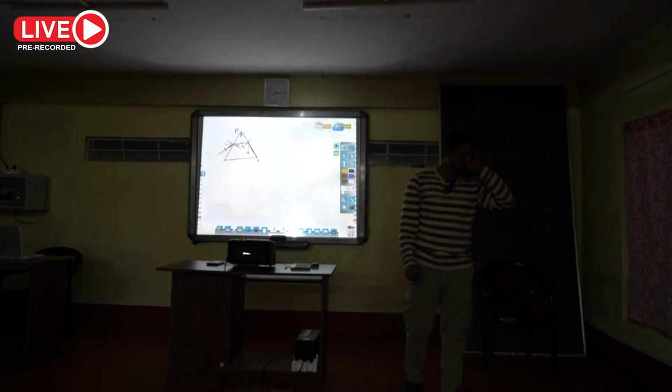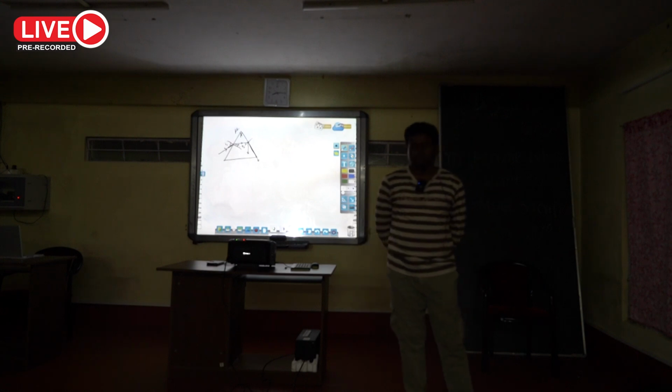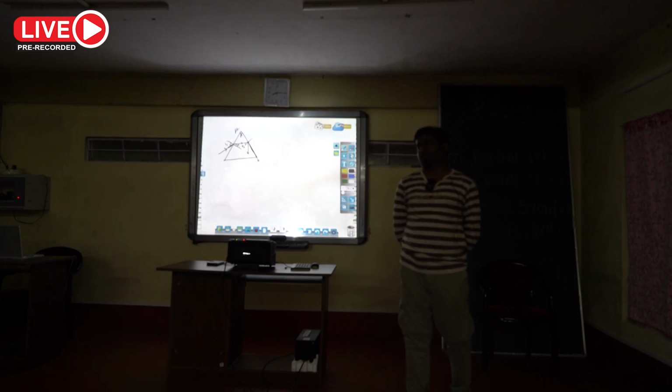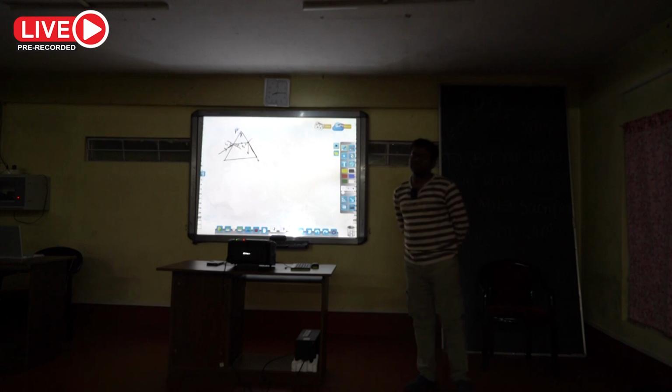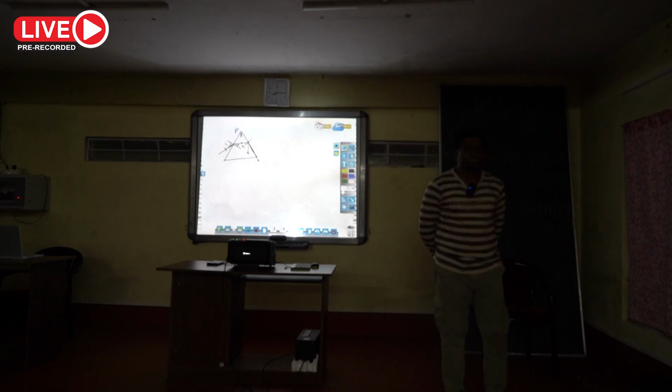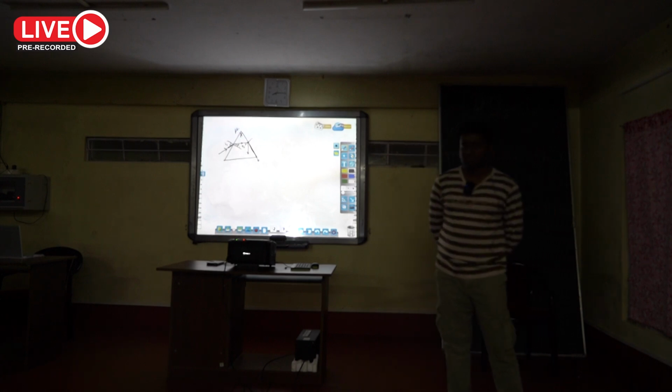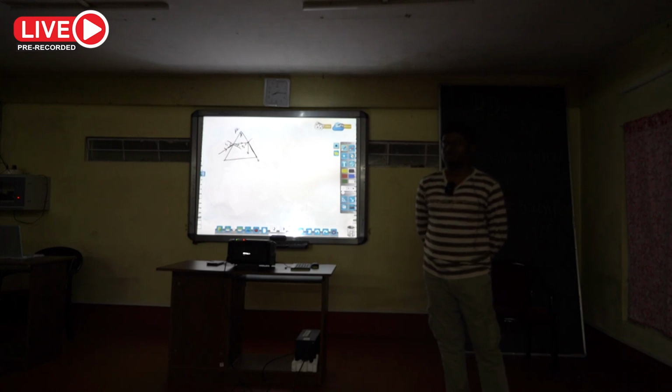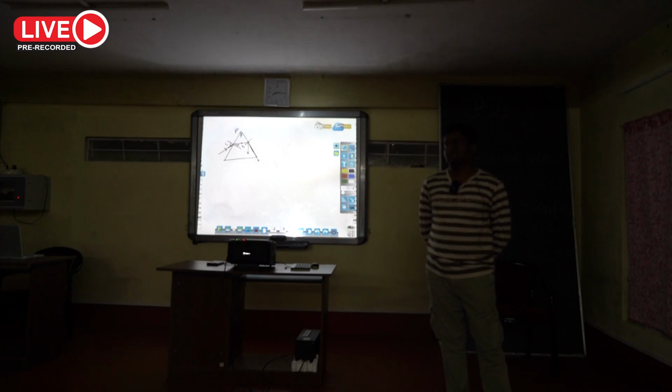First write down the question. What is the relation between mu and capital A such that no light ray can come out from the second surface of the prism?